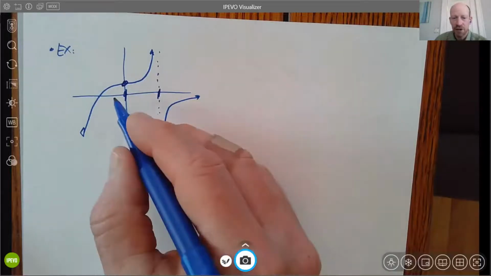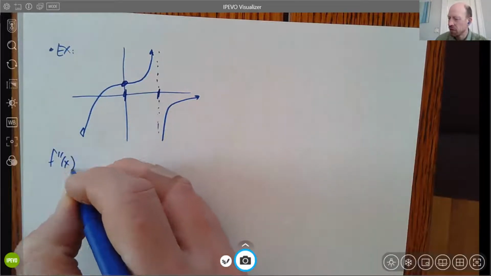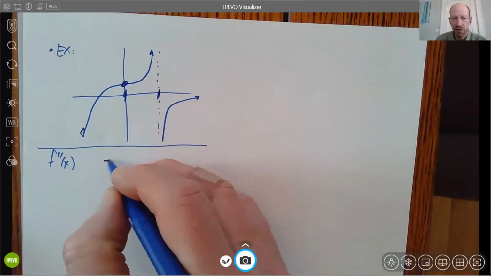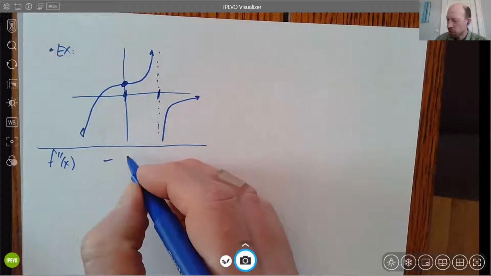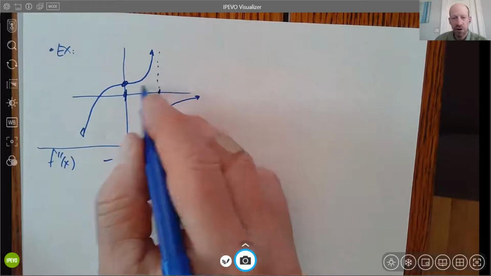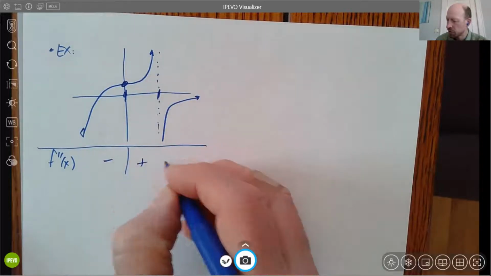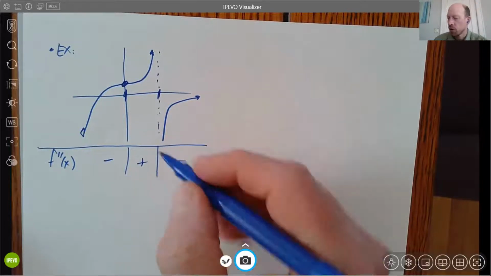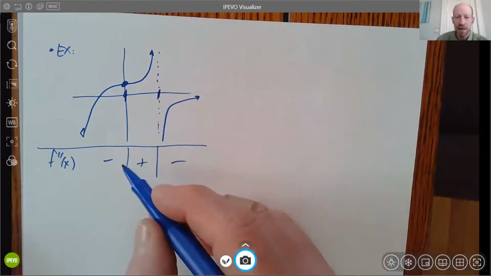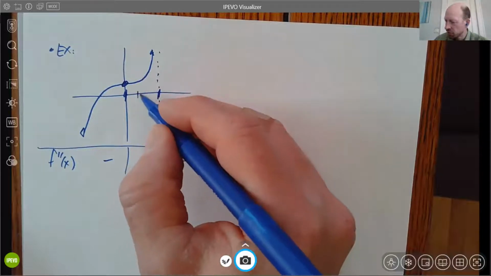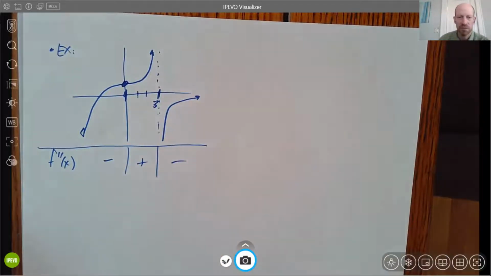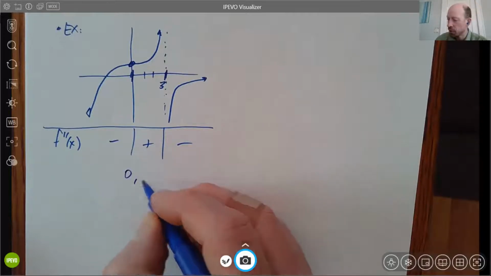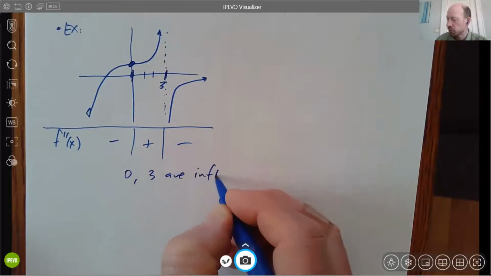And if I checked the concavity, or the sign of the second derivative, I would find on this interval it was negative, and then between 0 and this number, it was positive, and then between this number and infinity, negative. So if I wasn't paying attention, and let's just say, for something to define it as, that it's 3, I might think that 0 and 3 are inflection points.